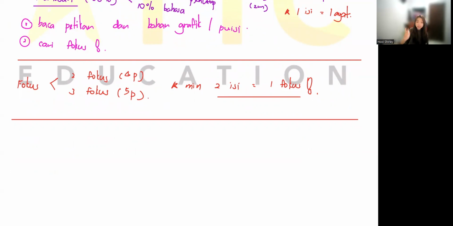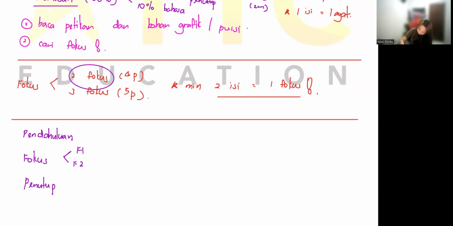Okay, let's take this as an example. 2 focus. So you have pendahuluan. Then you have focus. Focus you will have 2, right? Focus 1, focus 2. Then you have penutup. Over here in total 4 paragraphs.